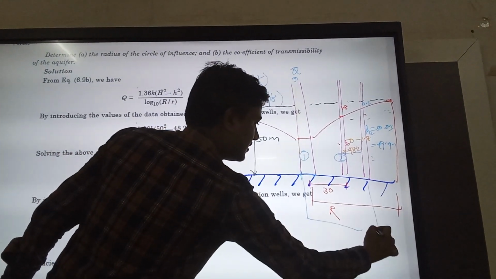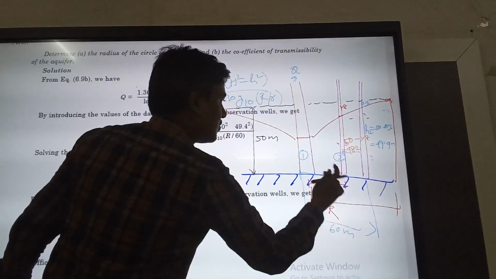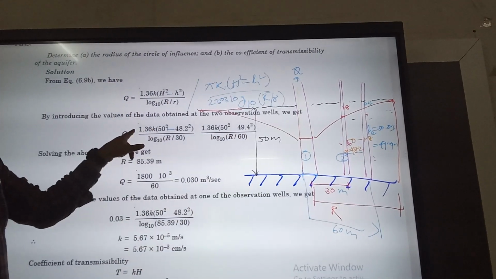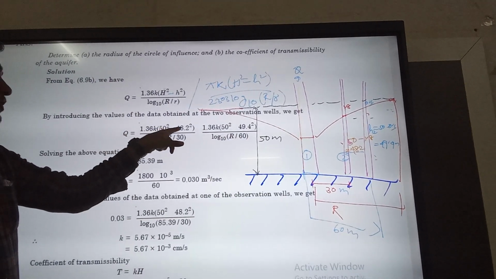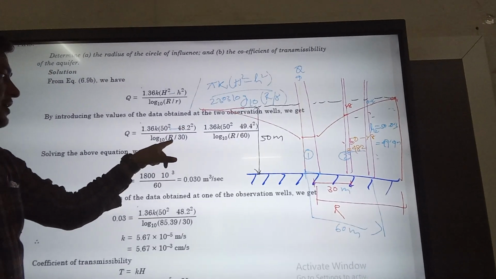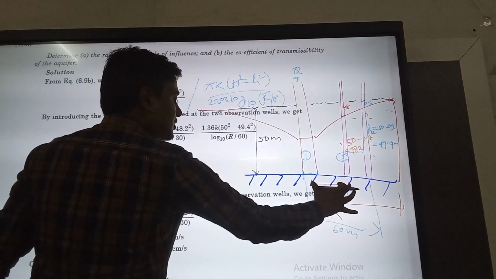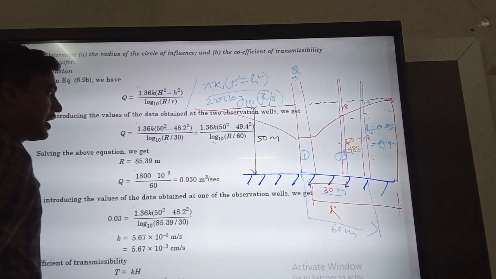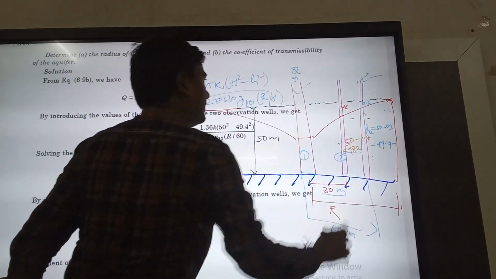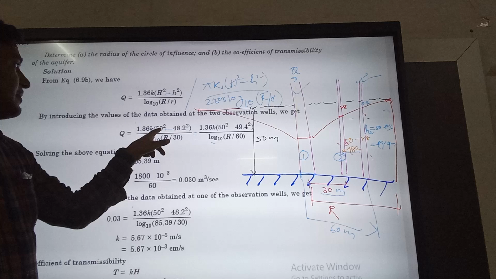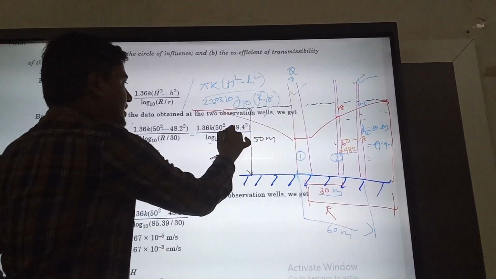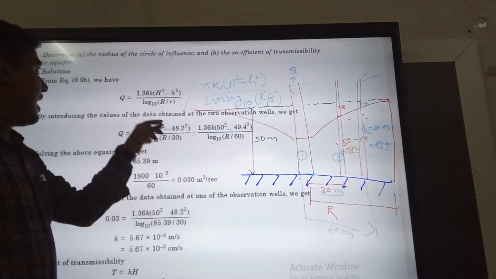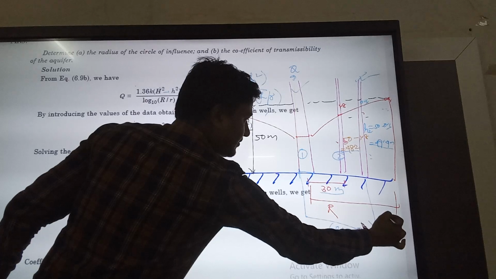We can also write it the other way: 1.36 K, 50 for the main well minus 49.4 whole square, log 10 R by 60 meters.